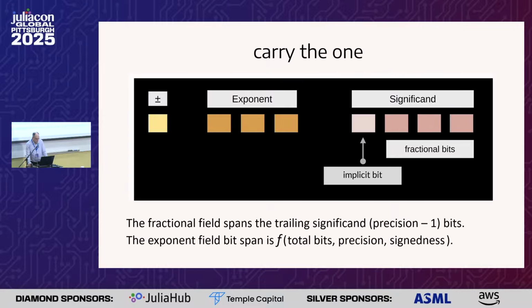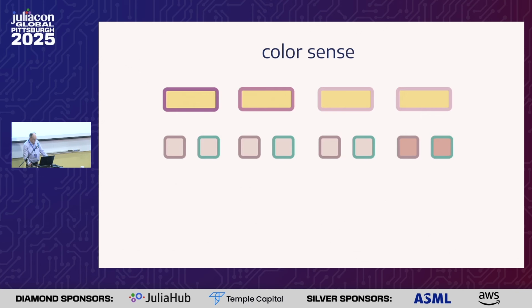I'm sure this is a familiar picture. And the point is just to reorient one's thought to the bit fields, because we're going to go into that. On the top are the role of the exponent, on the bottom the role of the significand, and just note that the first two rectangles have the same outer color, and that the second, third, and fourth squares do.